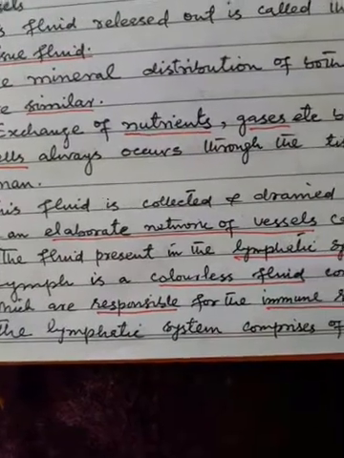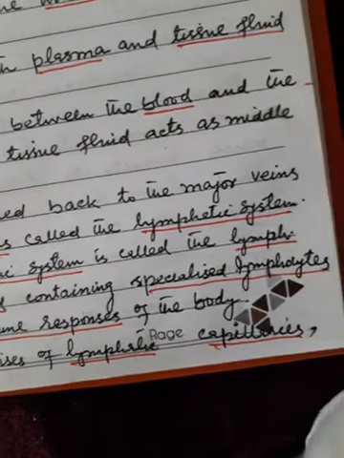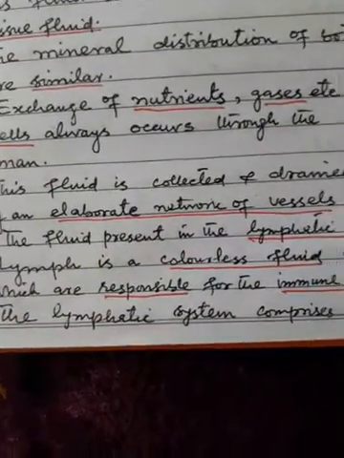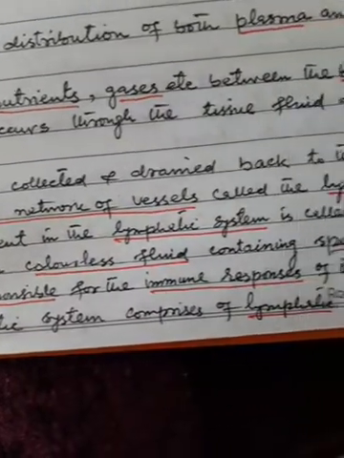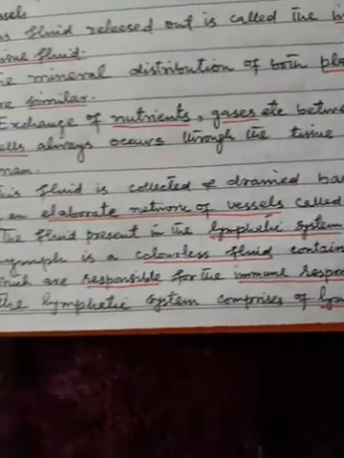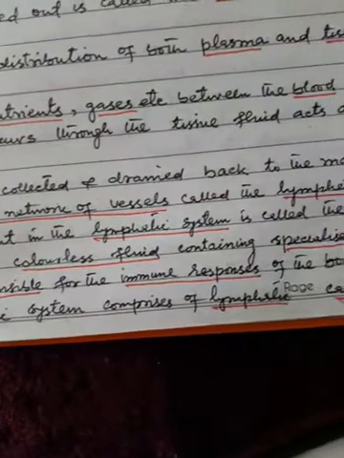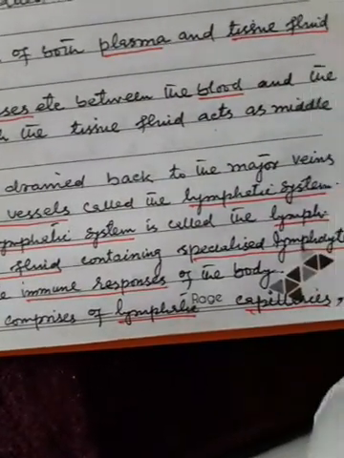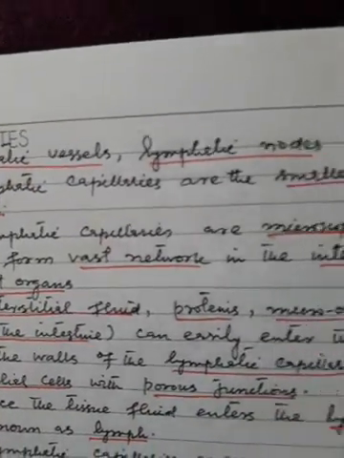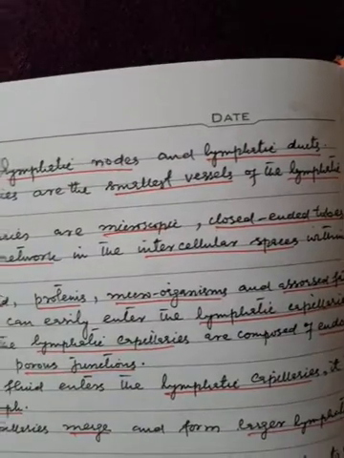Lymph is a colorless fluid containing specialized lymphocytes which are responsible for the immune responses of the body. The lymphatic system comprises of lymphatic capillaries, lymphatic vessels, lymphatic nodes, and lymphatic ducts.